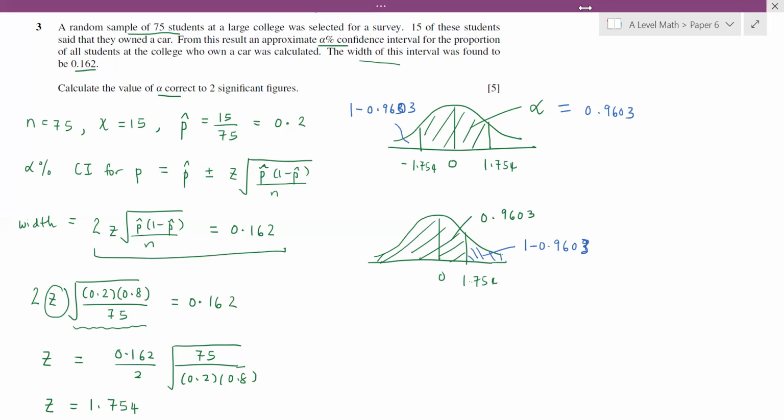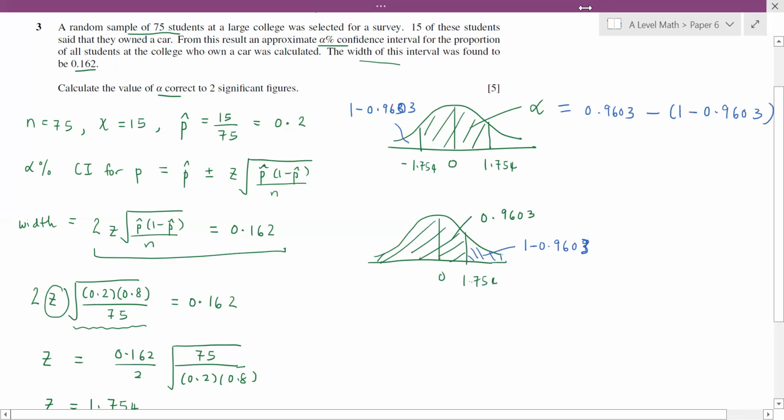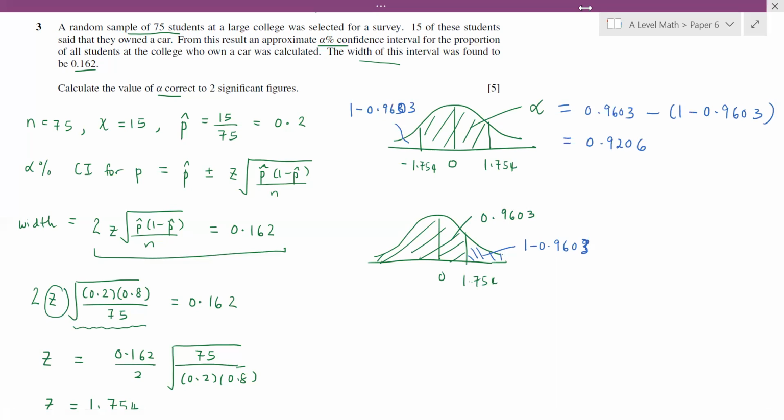And now we need to subtract this part here. We just want the central region. So we subtract 1 minus 0.9603. And this will give us 0.9206. So from here, we need to calculate alpha correct to two significant figures. We have alpha equals 0.92 to two significant figures.